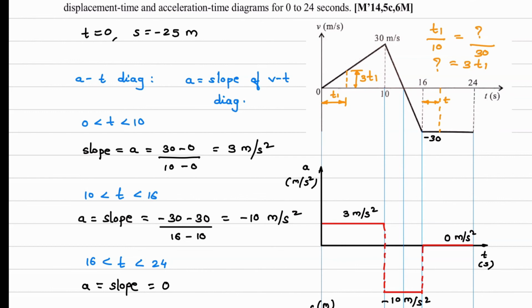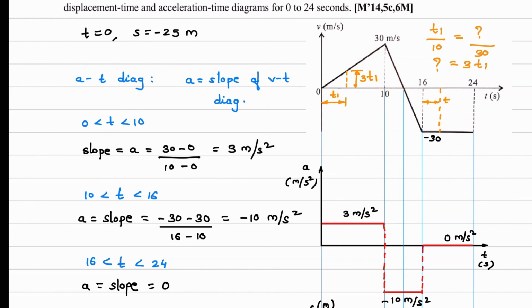Understand that acceleration is dv by dt. Now this slope is constant. If you see, theta1 is constant. So this acceleration will be constant, and the same value we got. That is why you can see here acceleration we have marked in the positive direction, which is 3 meter per second square.